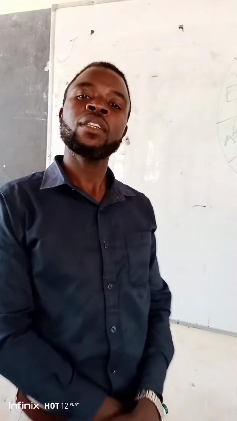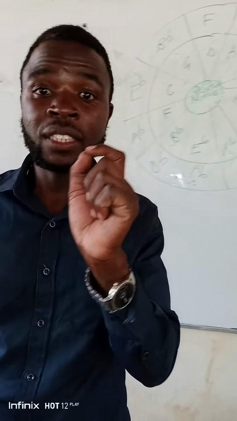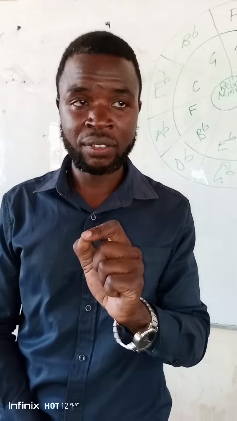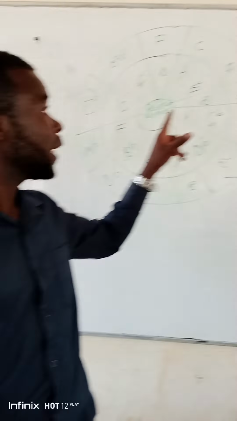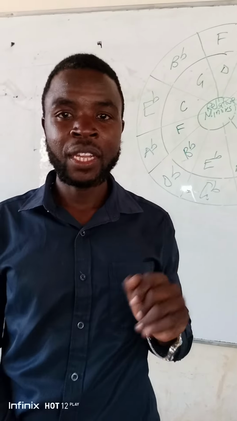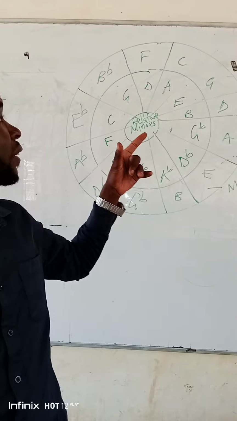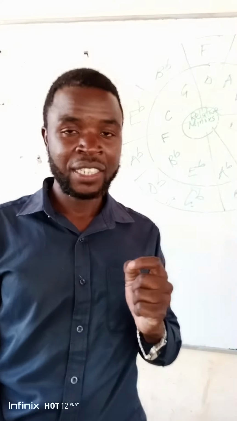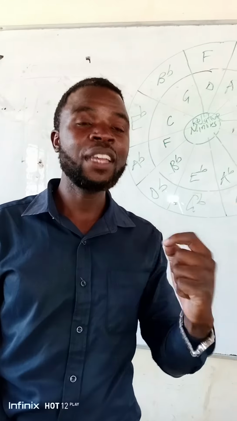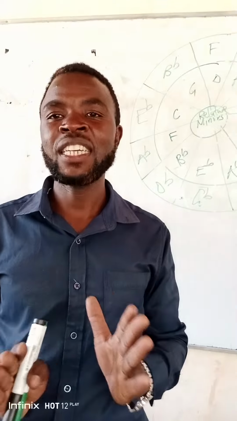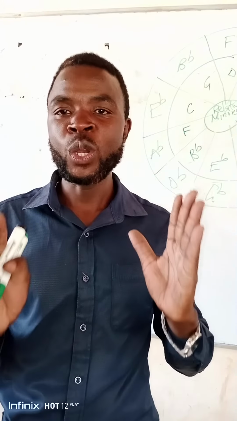Now, what is a relative minor? A relative minor simply means this: if I play, for example, C major scale and I play A minor scale, they share the notes.